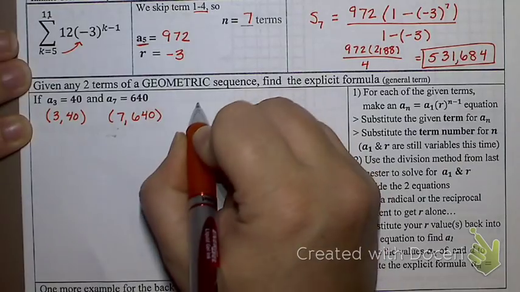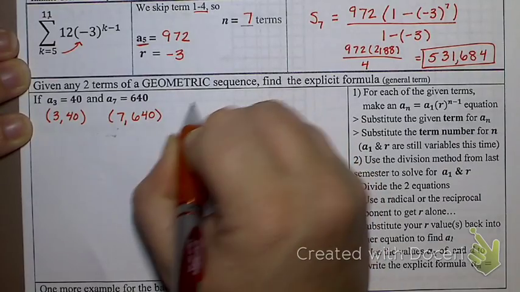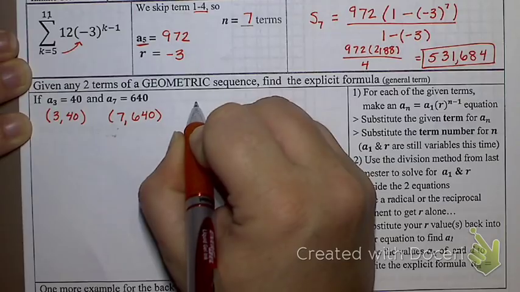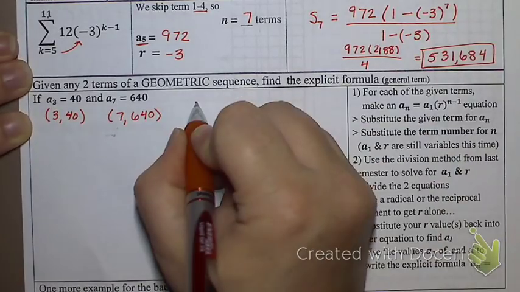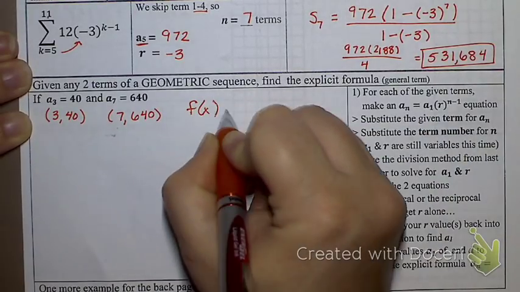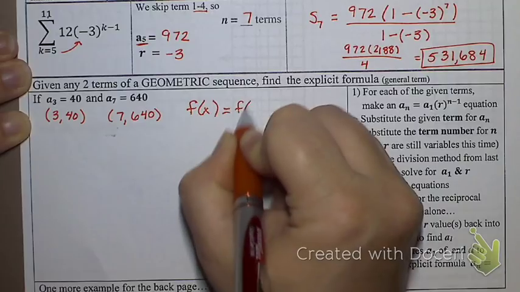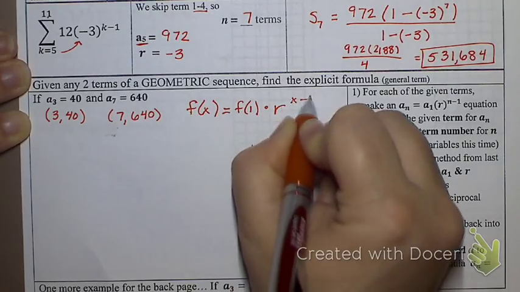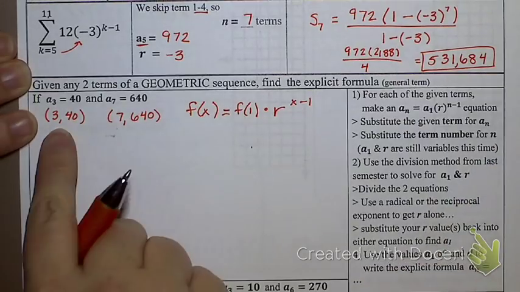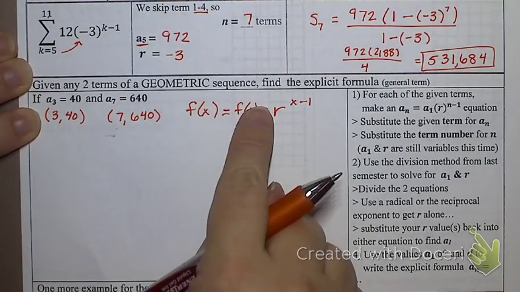What's my formula? It is f of x is equal to the first term times r to the x minus 1, right? I'm going to plug this information into that formula.